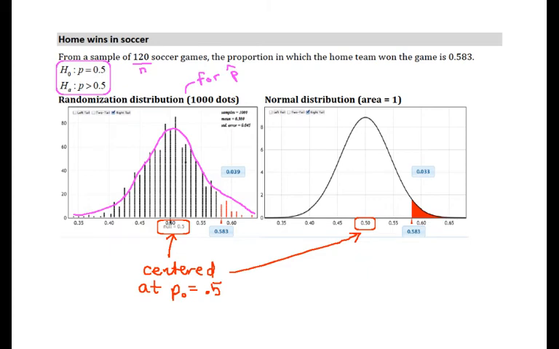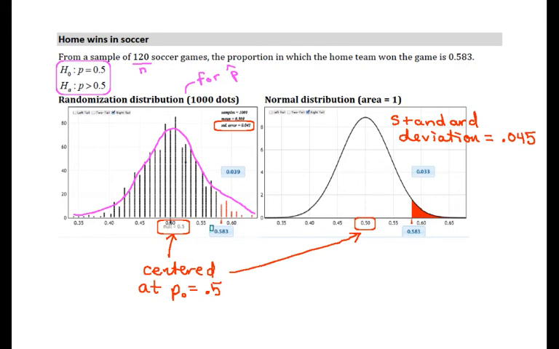Then we take the standard error that we see here for our randomization distribution and just generate a normal distribution that has standard deviation equal to that standard error. So that's 0.045 in this case. And that gives us a curve that we can use the same way that we use a randomization distribution.